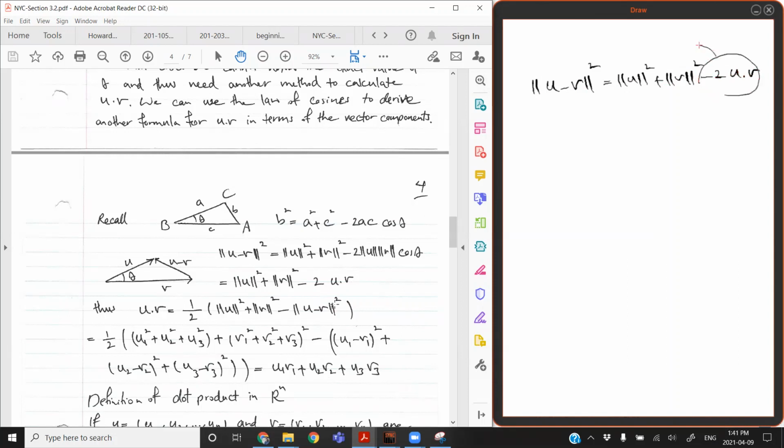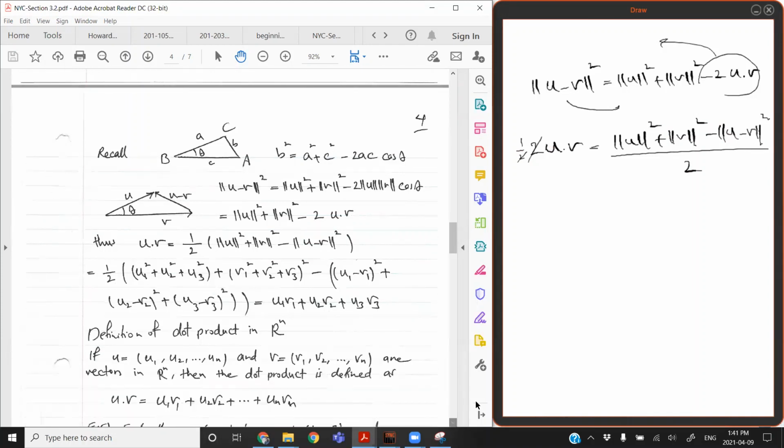Now, if I move this to the left and that to the right, I get 2u dot v is norm of u squared plus norm of v squared minus norm of u minus v squared. Then divide both sides by 2, so multiply by 1 over 2. They cancel out, and here I get over 2. Now the rest is just simple algebra.